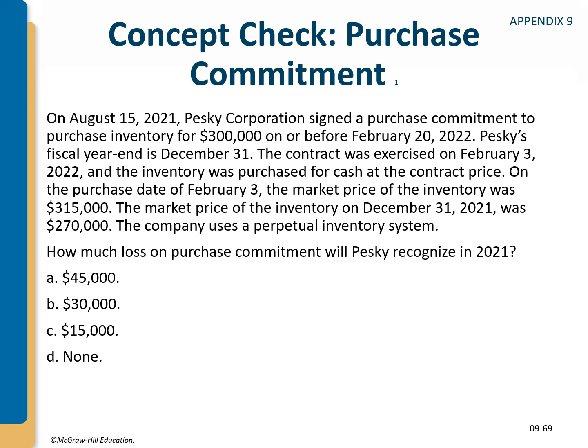The market price on December 31st was $270,000. How much loss on purchase commitment will Pesky recognize in 2021? Well, they're obligated for $300,000. As of December 31st, the value is $270,000, so $30,000.